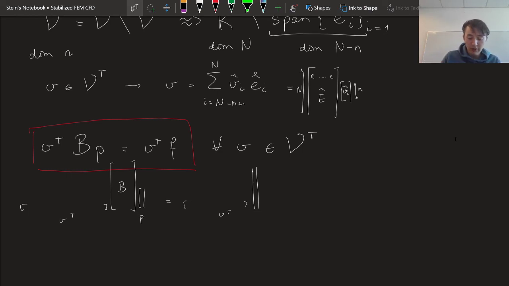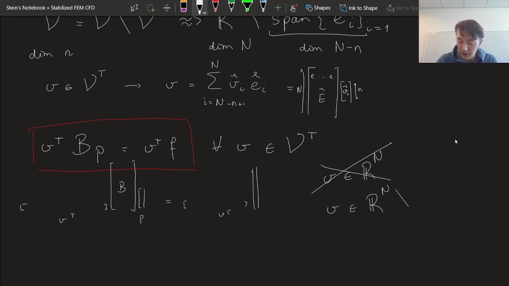However, the point here now is that we're not looking for all functions or all vectors v in R capital N. We're looking for all functions or vectors v in R n, in the span of all the bases that did satisfy the constraints.